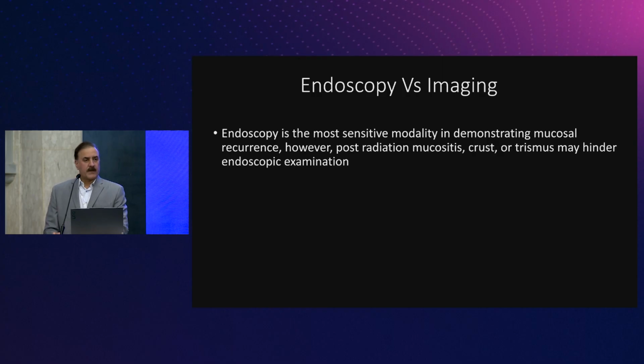So, endoscopy versus imaging. Endoscopy is very sensitive, but it's sensitive for mucosal disease. If there's a mucosal recurrence, they will easily pick it up. But remember that the patient has had radiation, so you will have radiation-induced mucositis, and you can have trismus, in which they can't even open their mouth. So it's not possible to do a good clinical exam in such a setting.